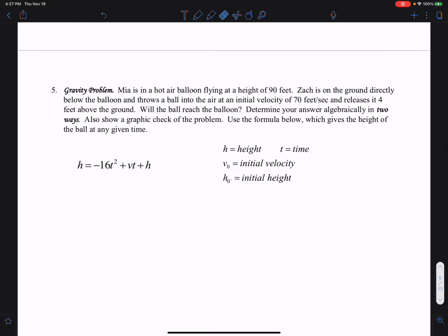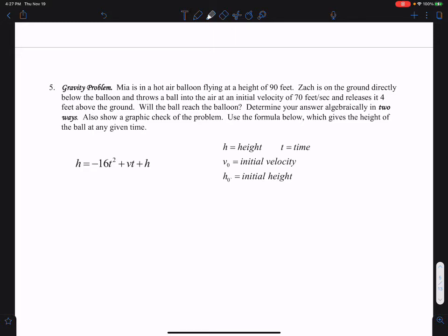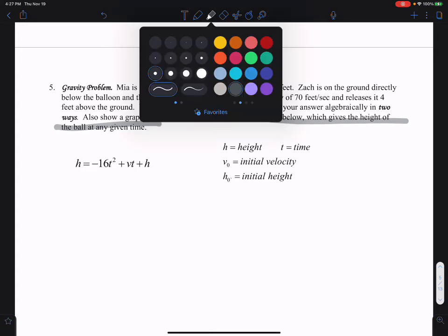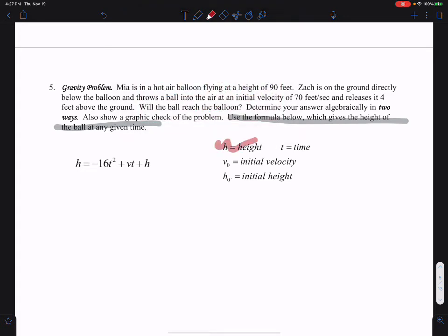Then it gives us this overall understanding. We need to use this formula that gives the height of the ball at any time. We've got to fill in some values here. H is the height, V is the initial velocity, and this is supposed to say H sub 0 right there for the initial height.